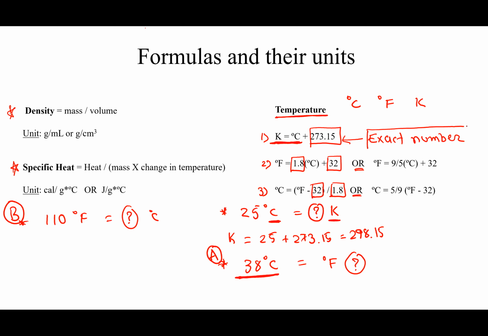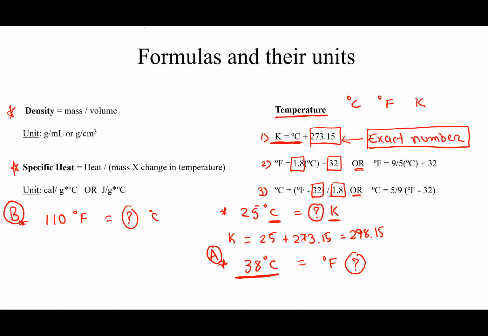What does exact number mean? Any constant is considered an exact number. If I tell you how many oranges there are, you can simply count them. You don't have to use any scale or measure anything to find out how many oranges there are. So those numbers are considered exact numbers. Any constant value is considered an exact number.